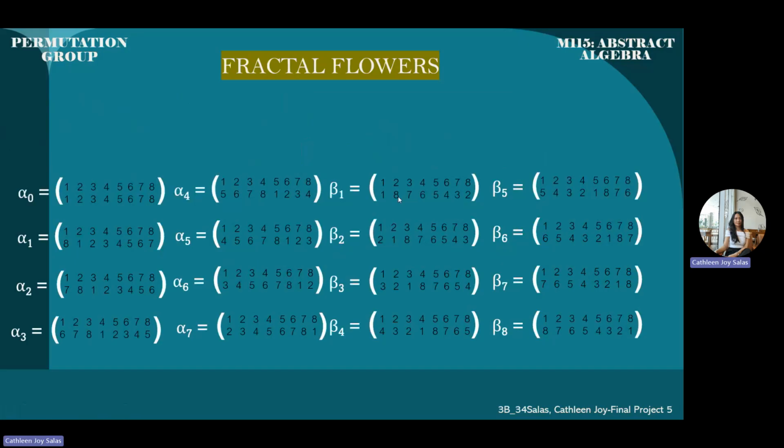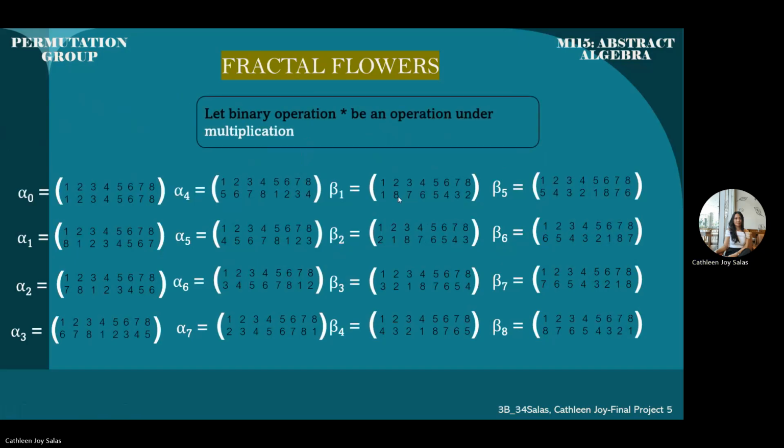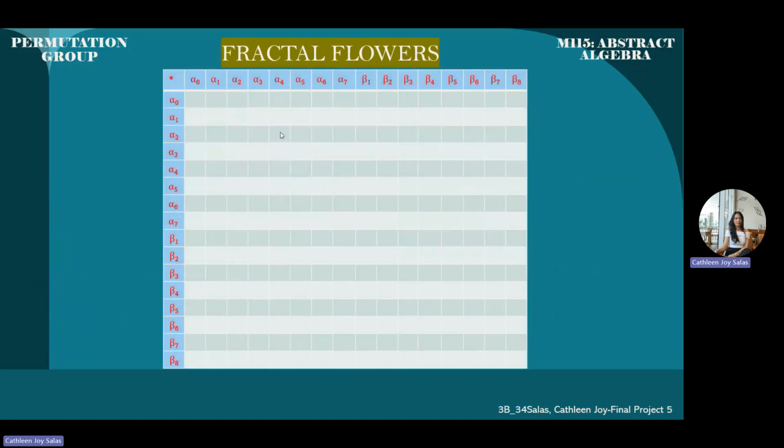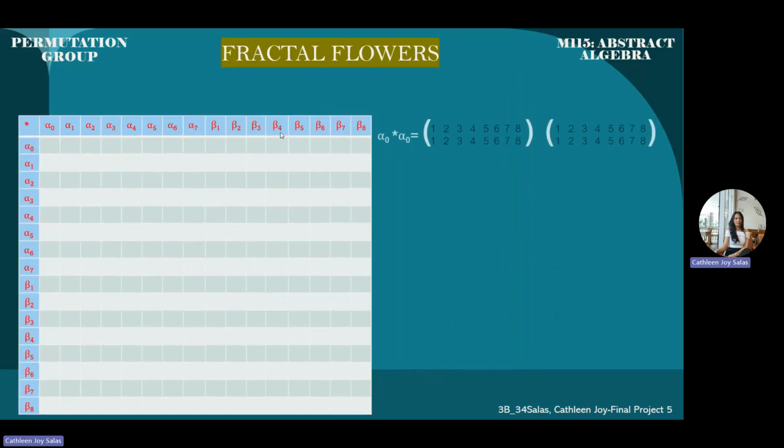And to have a recorded result, let us first apply this. Let binary operation star be an operation under the multiplication. So to have a recorded result, let us fill this table. So in multiplying permutations, let's have an example.